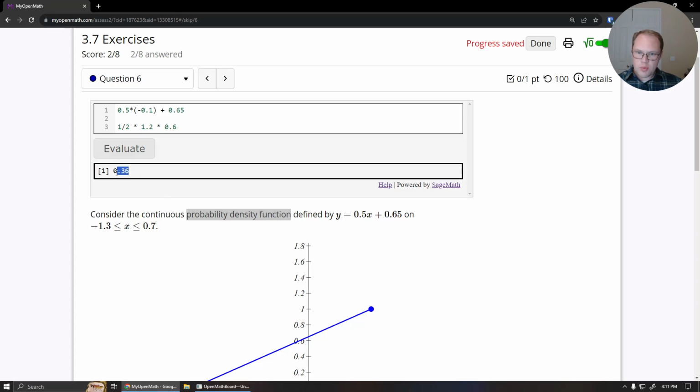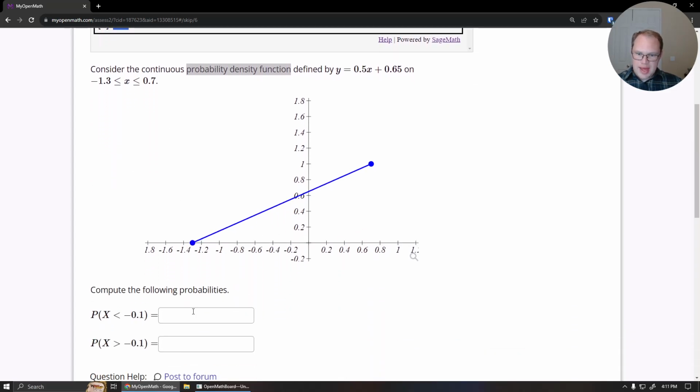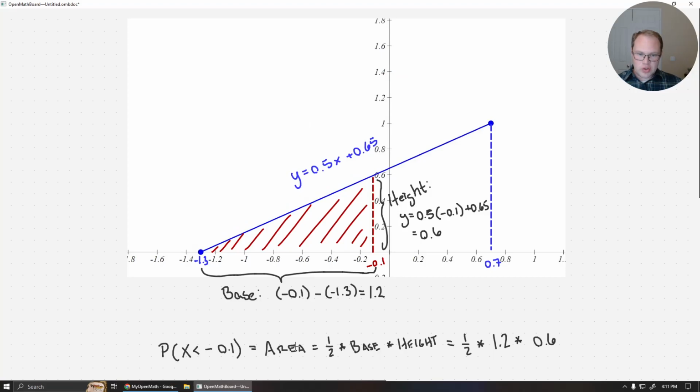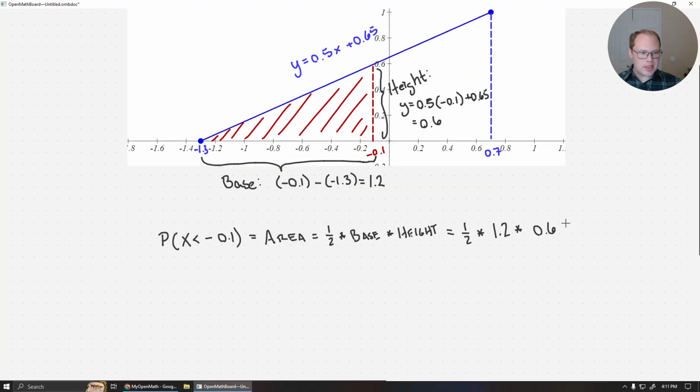We get 0.36. That's the probability for that first section. That's the probability that for this experiment, the outcome would be smaller than negative 0.1. 0.36. There's a 36% chance. Okay?